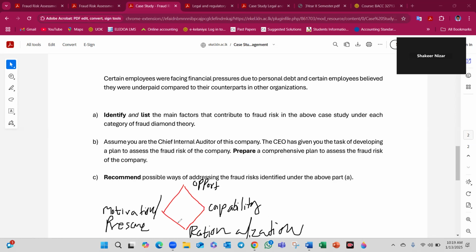So here it is rationalization, here it is motivation, opportunity, and here it is capability. Okay, I think it's clear for you all, isn't it?